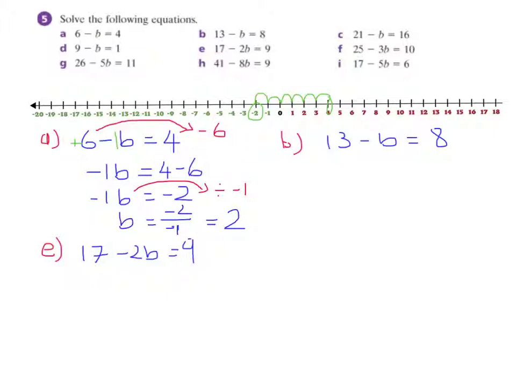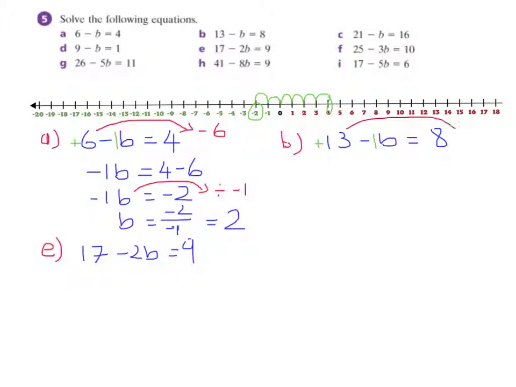Now let's have a look at this one over here. What's the first thing I'm going to do? I'm going to put a 1 in front of that because I know it's 1b, and I'm going to put a little plus in front of that. So let's have a look at this. I've got my positive 13, take it over to this side, becomes negative 13.